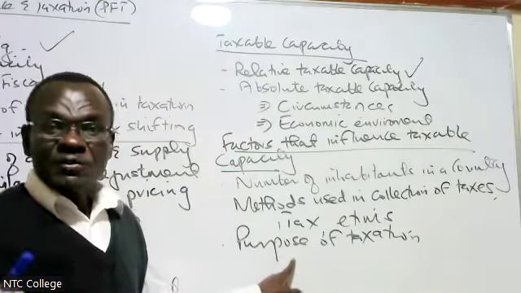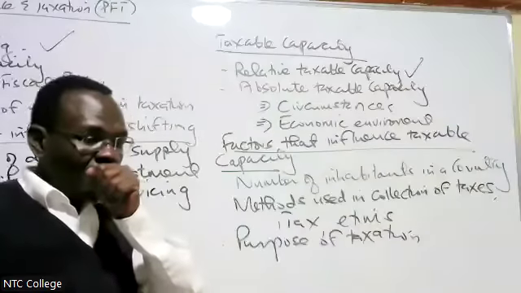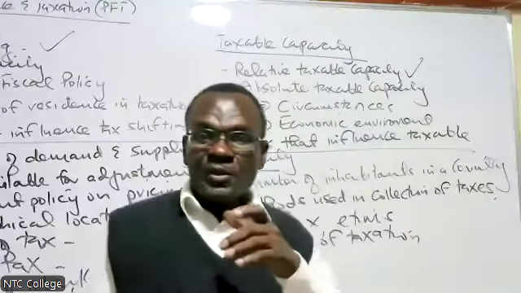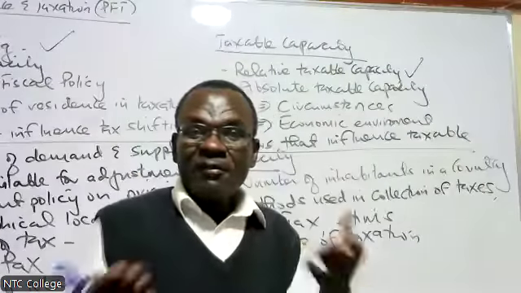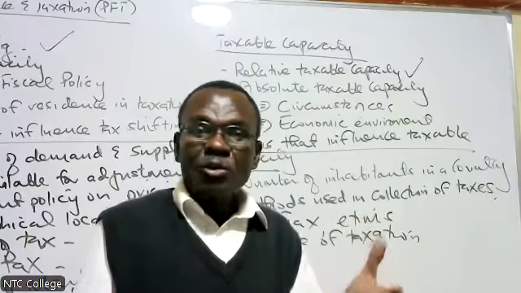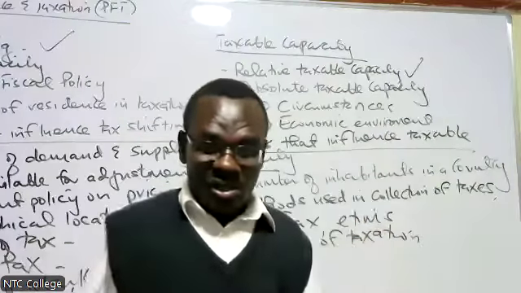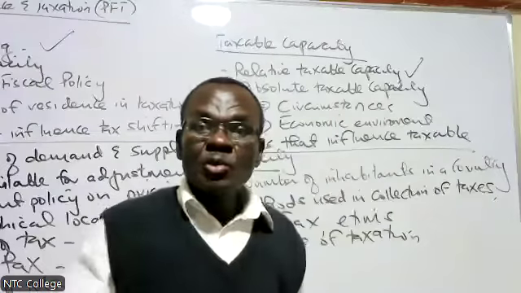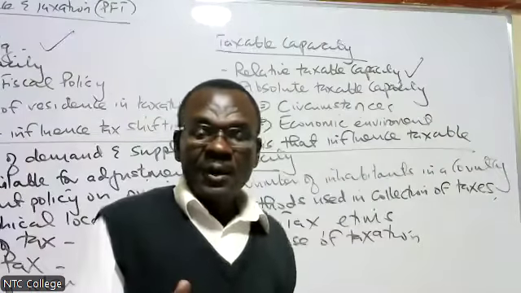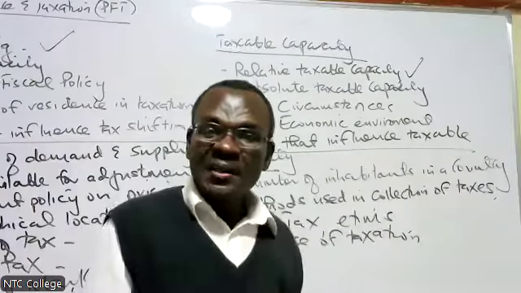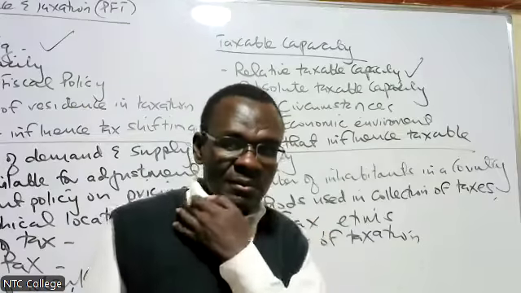So if the purpose of taxation, even in Kenya, is to provide public goods, part of the reasons I believe why Kenya Kwanza, the current regime, was able to influence some voters to come on their side is that they had a lot of promises.